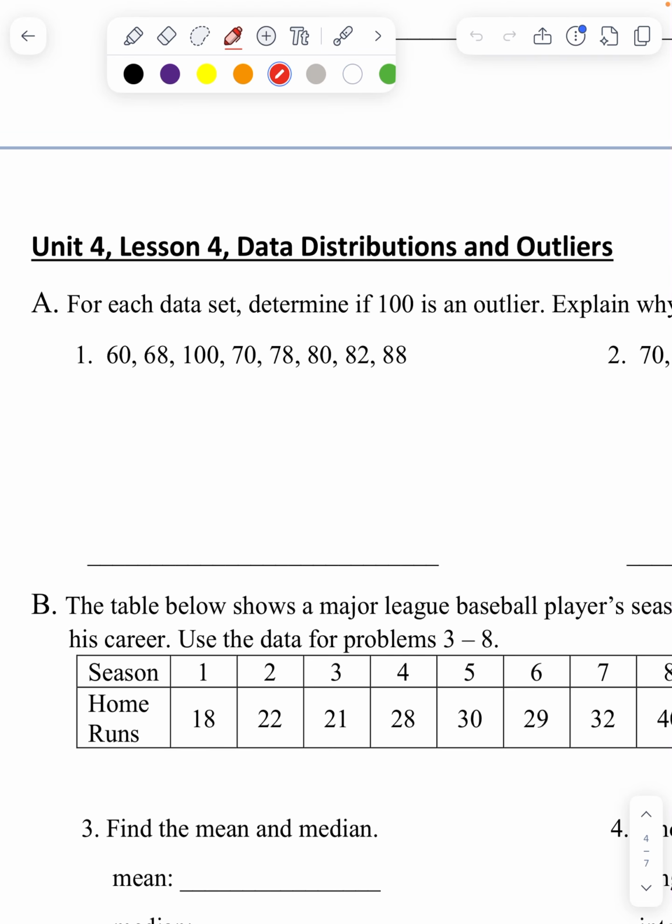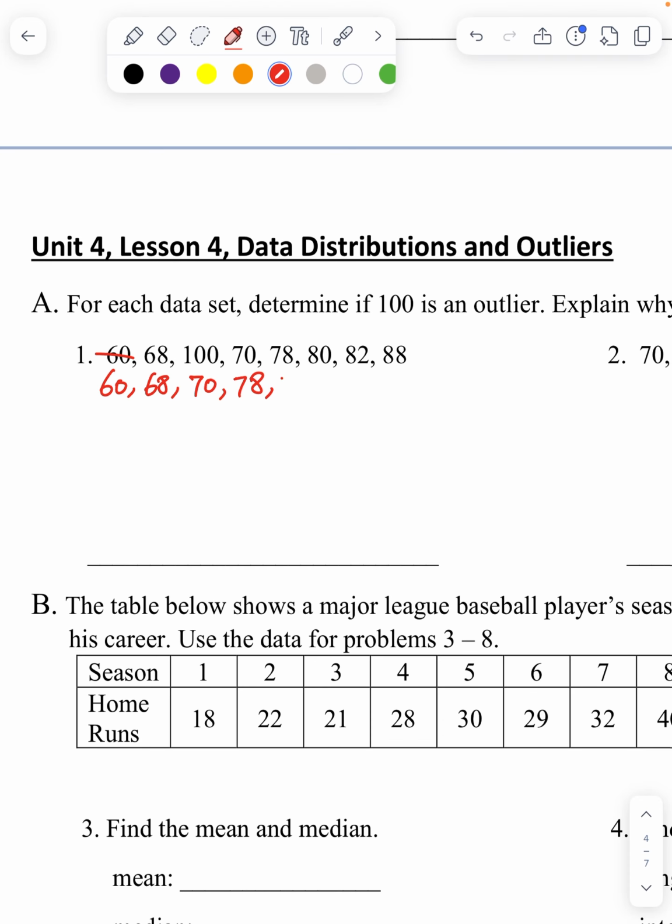First, we have to reorder it. We have to rearrange it. Yeah? Rearrange it, we need to write out from small to big. So the smaller one is 60. Second one, 68. And then 70. Oh, 78.